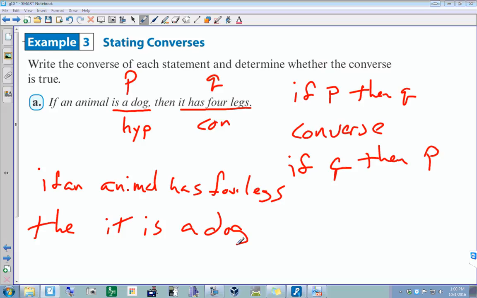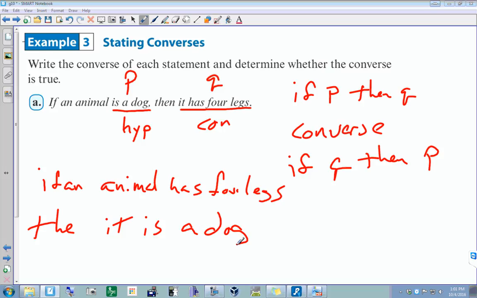Whenever we're looking for something to be true or false, it is always or never. Is there a situation where you could have an animal that has 4 legs that's not a dog? Yes, so this statement is false. It is not true. And this comes back to it, because if you get an answer to something, it has to be able to be applied back to its original thing.